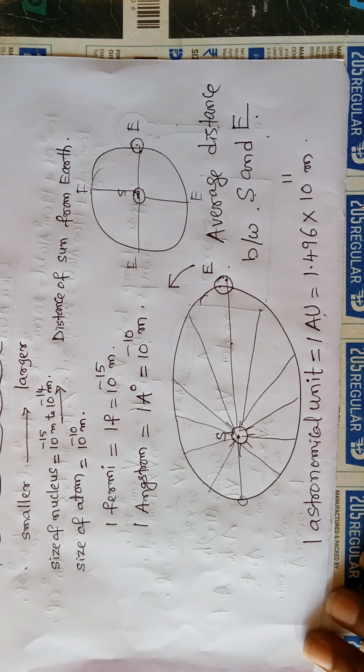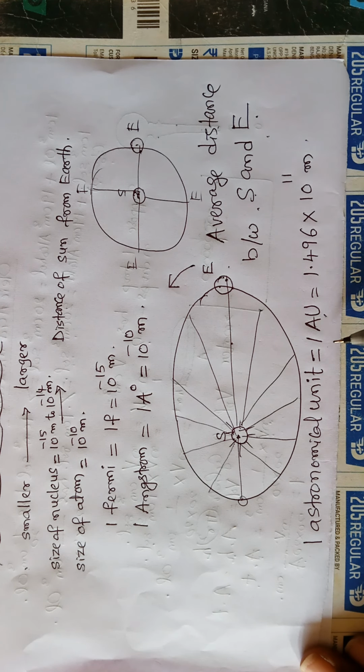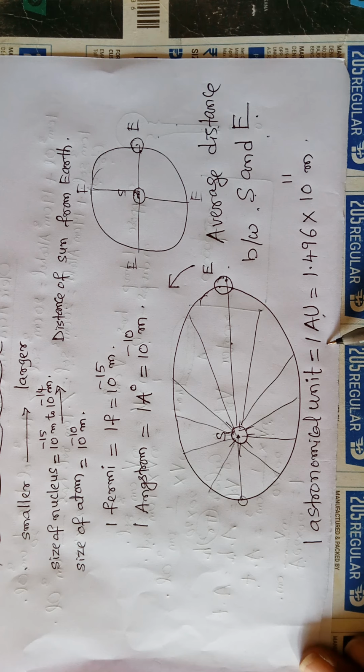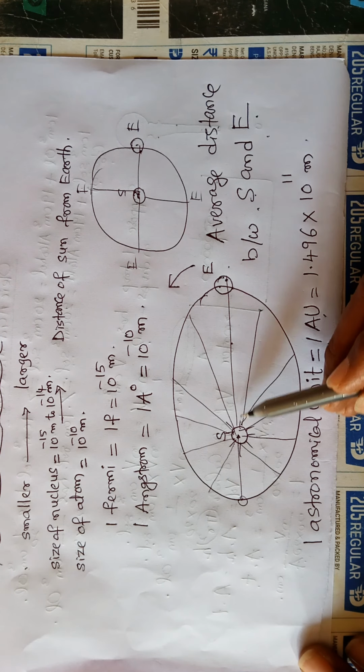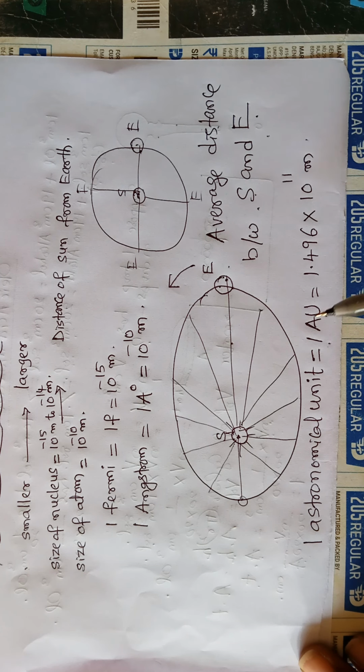And the average radius of the orbit here is taken as 1 astronomical unit. 1 astronomical unit is defined as the average radius of earth orbit. Here the radius value is decreasing and increasing, so you have taken the average of the radius.